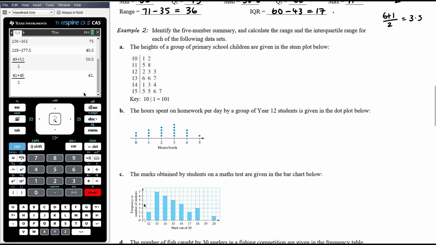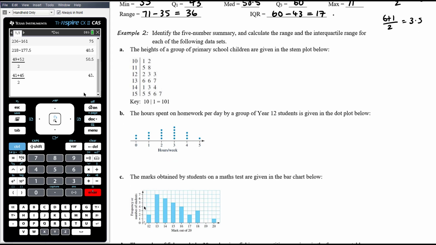Alright, so then we need to be able to identify the 5-figure summary from a plot, various plots. Okay, we want to identify the 5-number summary and calculate the range and interquartile range for each of the following data sets. So what you need to be able to think about is that your, in this case, stem plot is just a list of data.